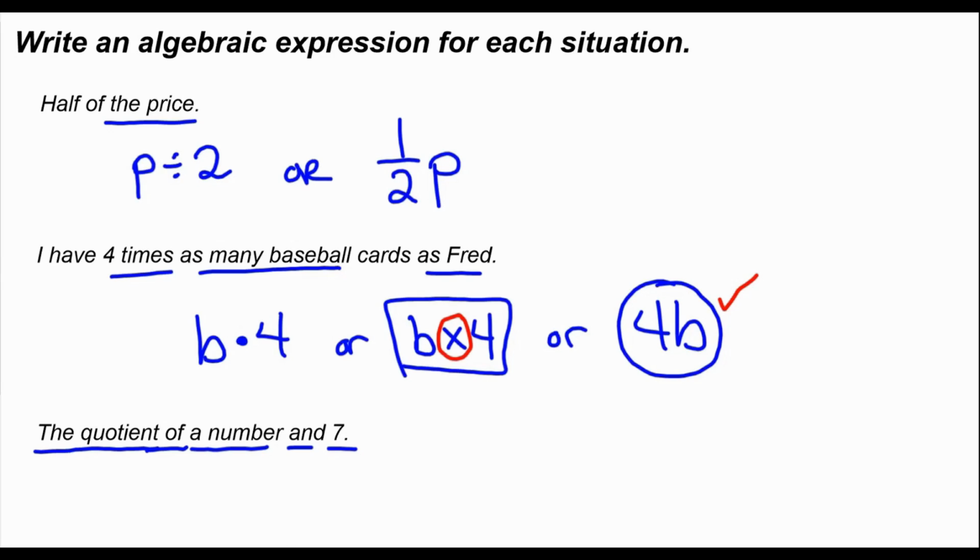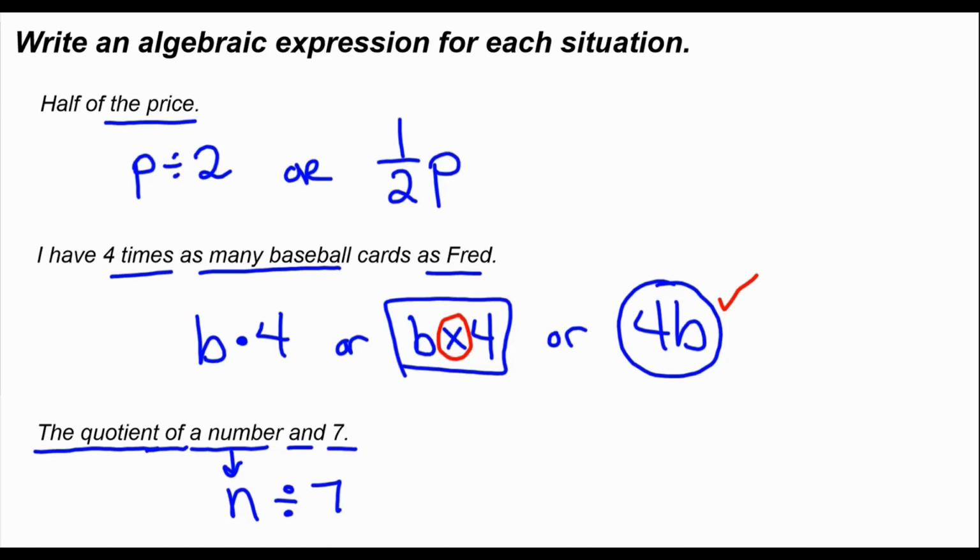Now, we don't know what that number is, and a lot of students are tempted to just make up a number and then just write some random number and divide it by 7, but that's not what this is saying. The number is unknown, so we have to use a variable to represent that unknown number, and we're going to use, creatively, n. A number and 7. We're finding the quotient of a number and 7, so we're dividing a number and 7.